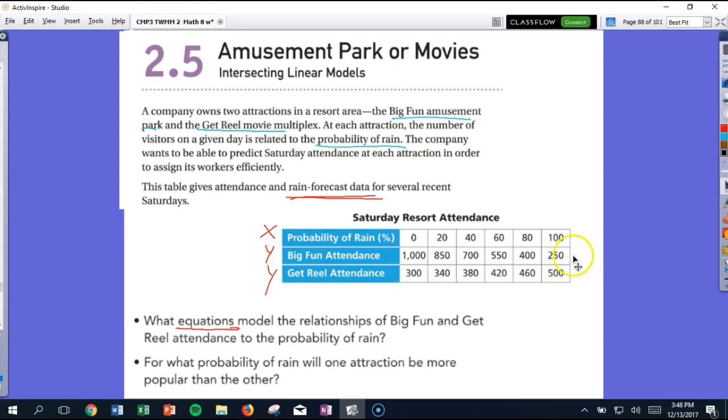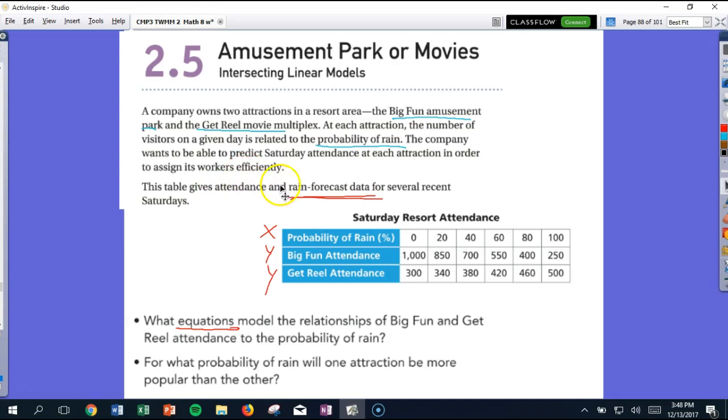So this one's going down, this one's going up. The company wants to predict Saturday attendance at each attraction in order to assign its workers efficiently. So again, we're doing real life applications of slope, y-intercept and linear functions here.